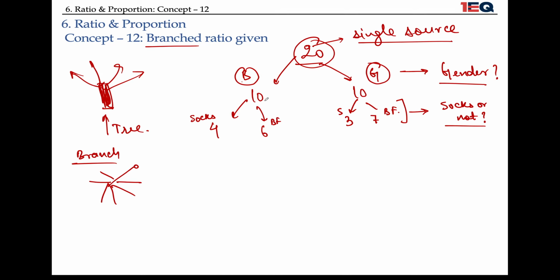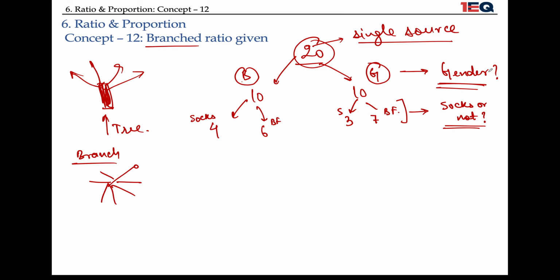So this is a branch format where a center point is splitting itself into multiple areas with the help of parameters which are not related. Okay, the gender is not related to socks, but the socks are related to bare feet, and a girl is related to a boy on the basis of gender. So I hope I've made myself very clear what branch ratio actually means.